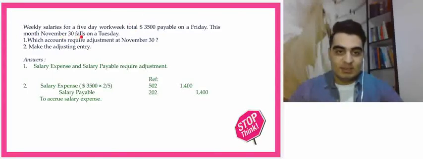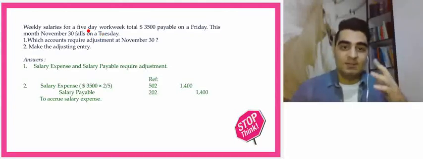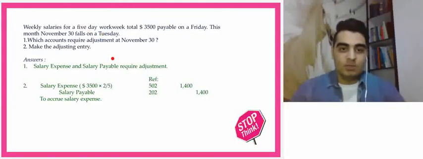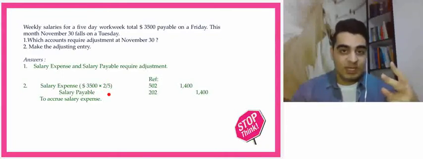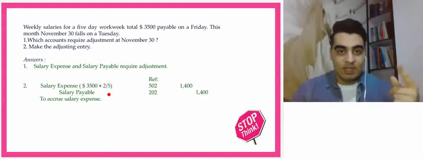But it says that it falls on a Tuesday, so 2 days have passed out of 5 days. So in order to make the entry, this is how we're going to do it. The salary expense, we're going to do this calculation, $3,500 multiplied by 2 divided by 5, because it was 2 days out of 5. It's Monday, Tuesday, only 2 days.